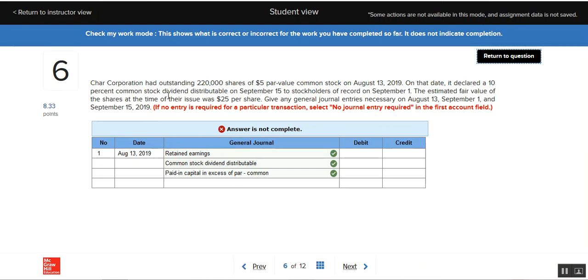So let's see, our dividend distributable, we're going to calculate that amount based on the par value. It says they had 220,000 shares outstanding, and they declared a 10% dividend. So you're going to take the 220,000 shares times 10%, and that's going to tell you how many additional shares of stock they're going to issue.